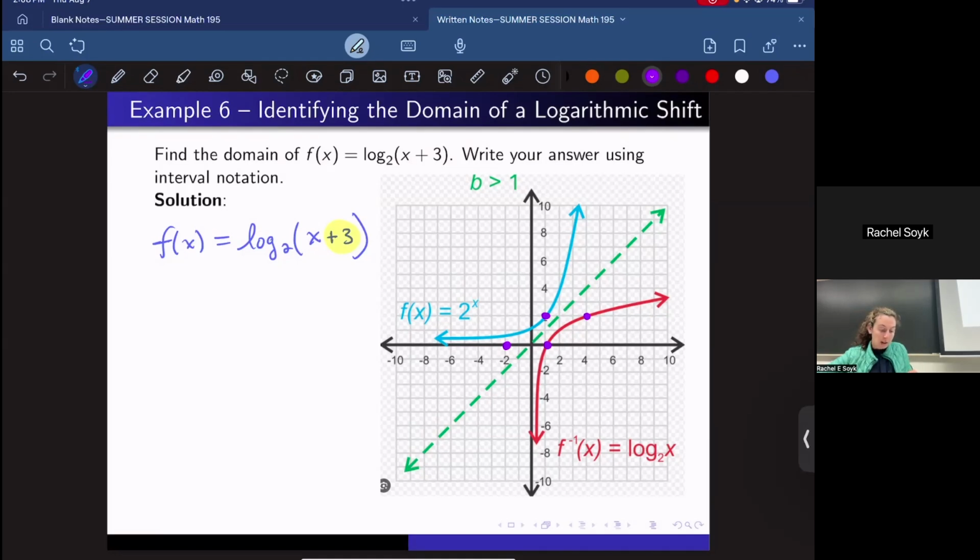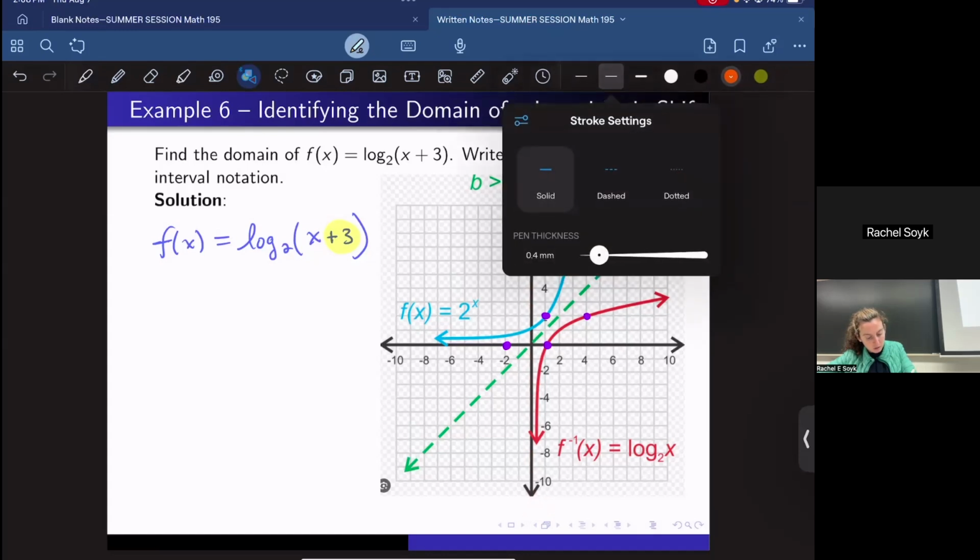Another one that we should move over, because right now we have this vertical asymptote at x equals 0. When we have that horizontal shift take place, that vertical asymptote is now shifting 3 units as well. So now where is our new vertical asymptote? At x is equal to what?